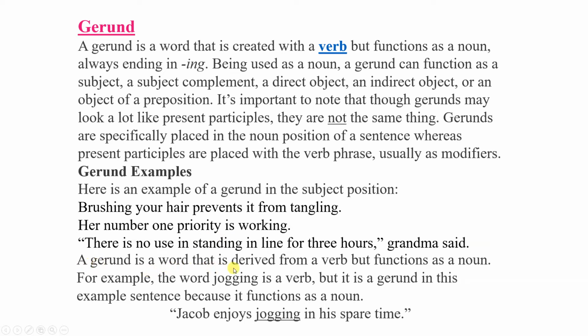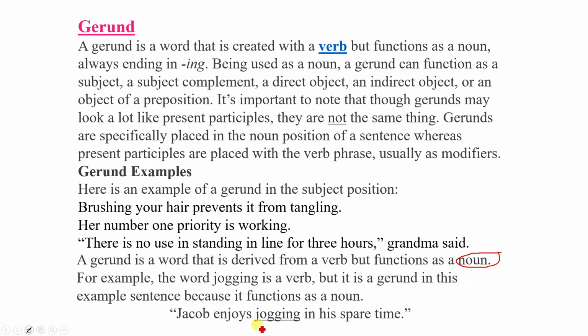A gerund is a word that is derived from a verb but functions as a noun. That is a very important thing. Always you have to keep in mind that gerund is used as a noun. This thing is very important to understand gerund. For example, jogging is a verb but it is a gerund in this example.